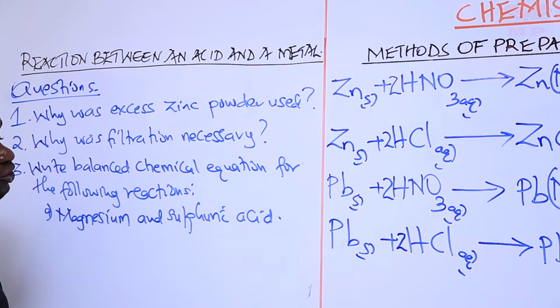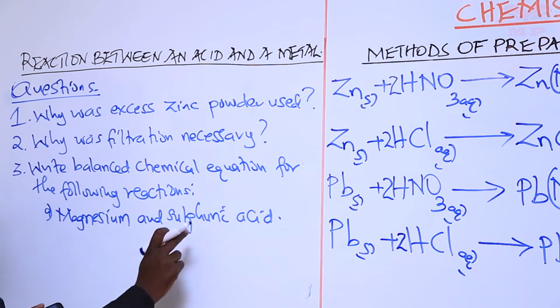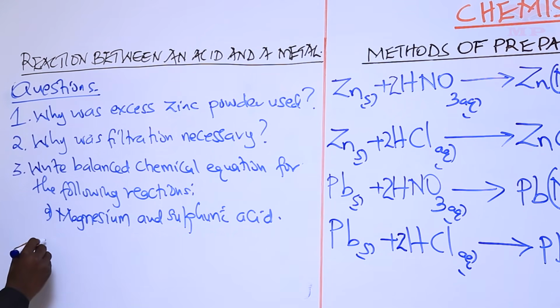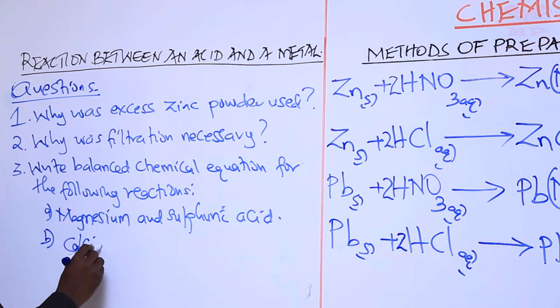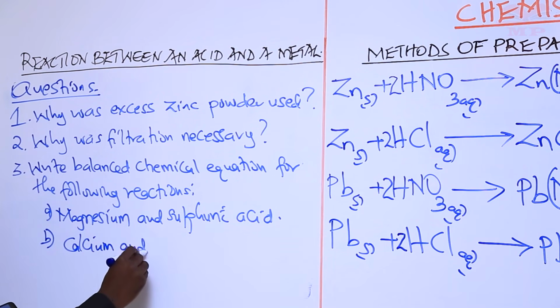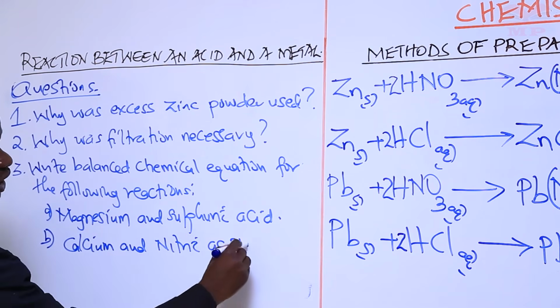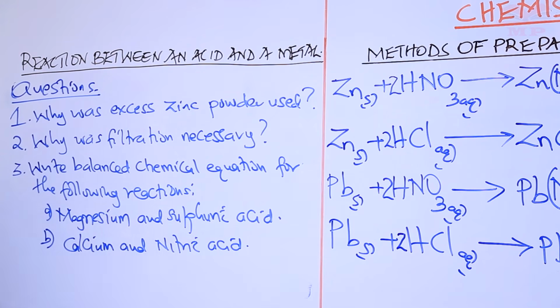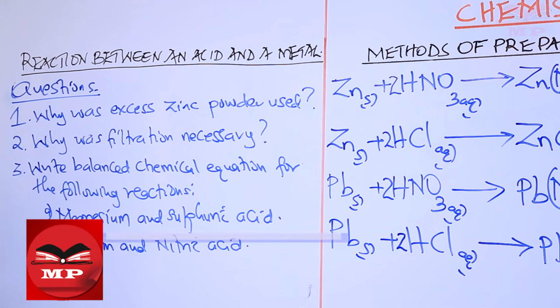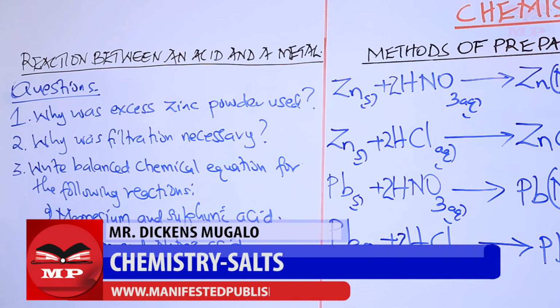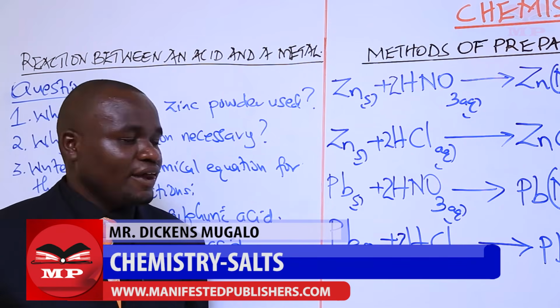Try that one. It's a method of preparing salts. We're reacting magnesium metal and sulfuric acid, you'll get a salt. Then you also try this one, calcium and nitric acid. So try writing equations for these two reactions. They still fall under preparing salts by reacting an acid and a metal.